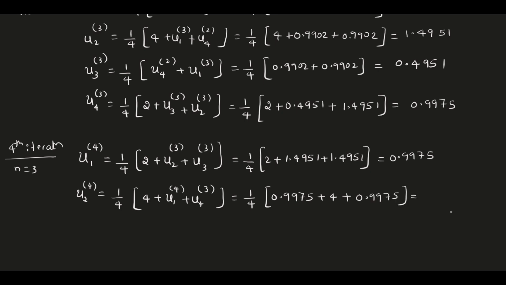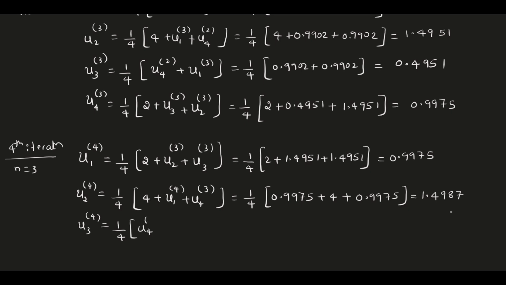So when you simplify it, you are going to get u2 of 4 as 1.4987.